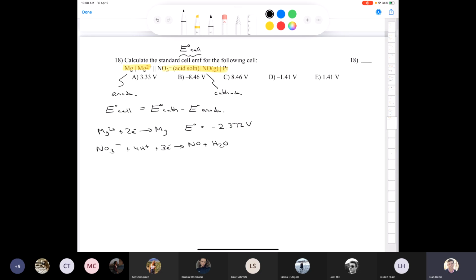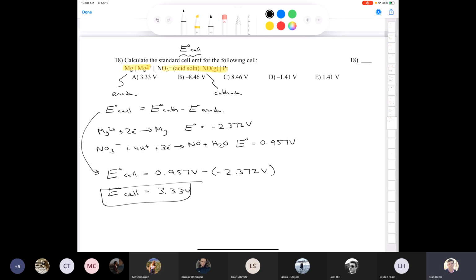This is just the standard reduction potential from the table. You get E naught equal to 0.957 volts. So then we use this formula: E naught cell is equal to 0.957 volts, subtract negative 2.372 volts. We get that our standard cell potential is equal to 3.33 volts, which is A.